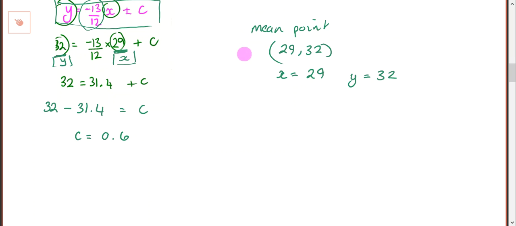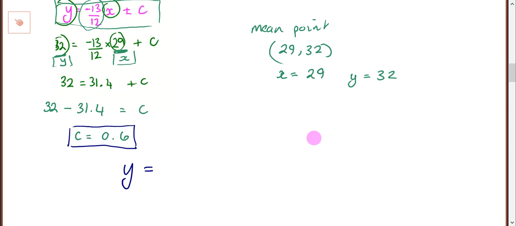Just to write it all out, yeah? So the equation is y equals okay. Well, that's just the c bit. What's the m bit again? Nope.